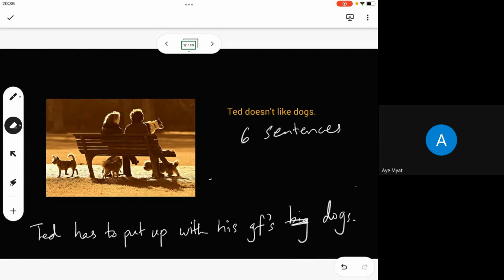And then he had child trauma about dogs. When he was young, he was bitten by a dog while walking in the street, and he had the rabies vaccine 10 times, and that's why he doesn't like dogs at all.